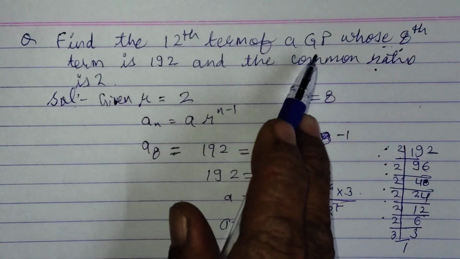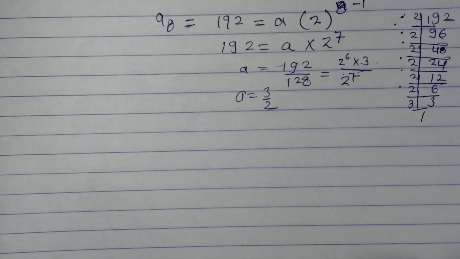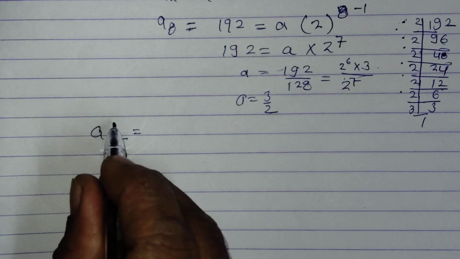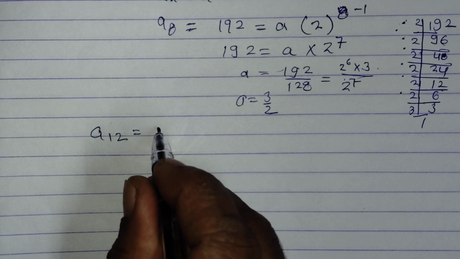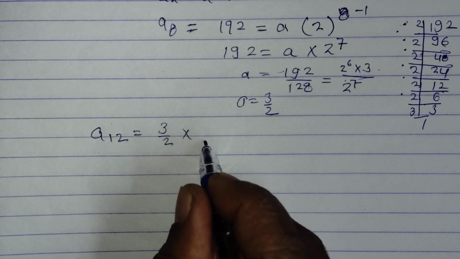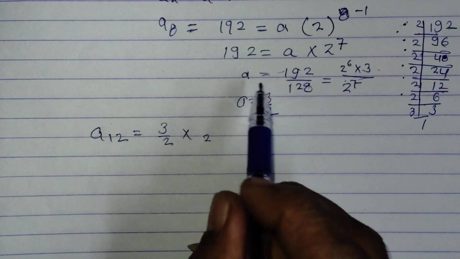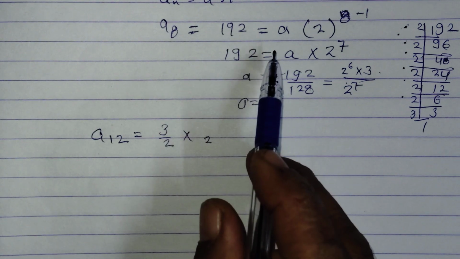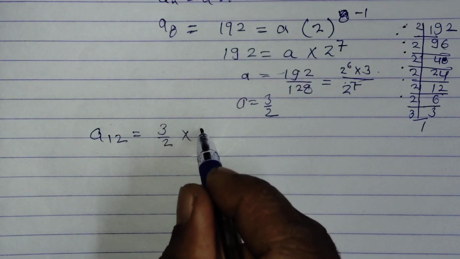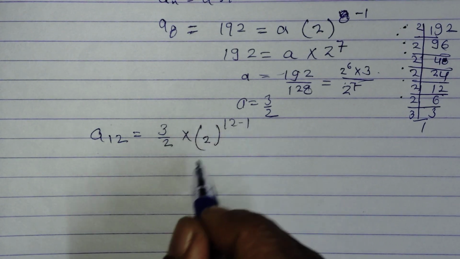Now we find the 12th term of the GP, a12. So a12 is a, which is 3 by 2, times r, the common ratio, which is 2 as given in the question, power 12 minus 1.